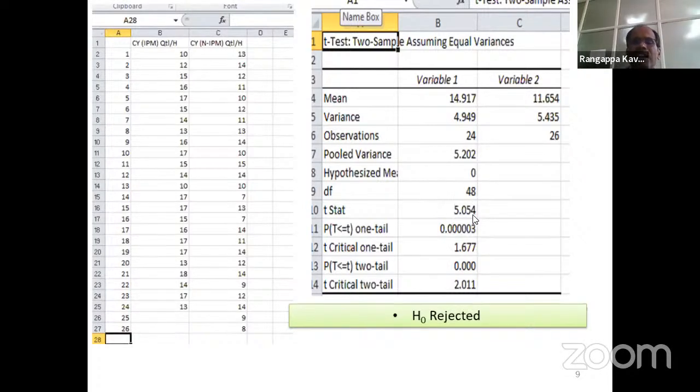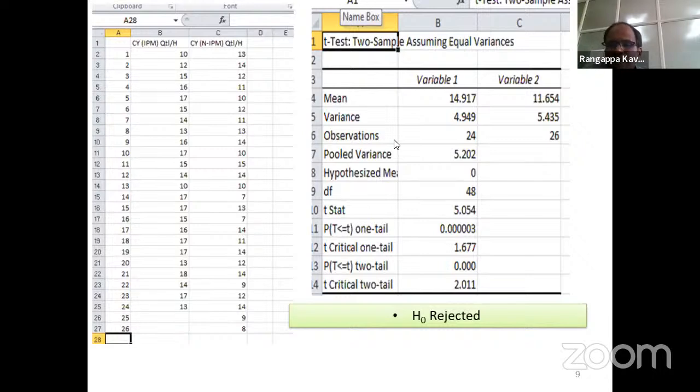So for this, we have calculated this t-value. This calculated t-value is 5.054. Critical value is 1.677 for 5% level. So that means the calculated value is greater than the table value. So we draw the conclusion that you are rejecting the null hypothesis. You are rejecting the null hypothesis at 5% level of significance or at 95% confidence.